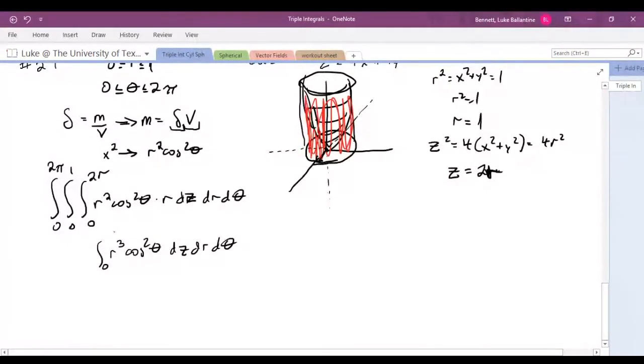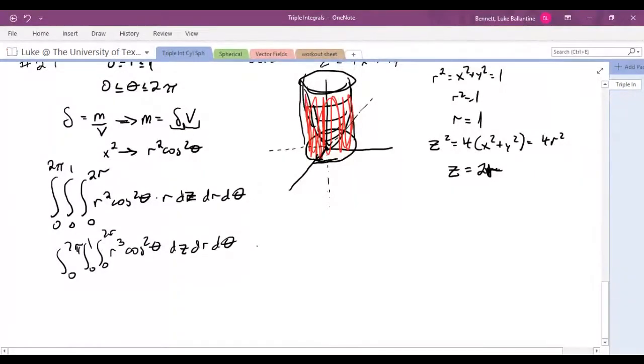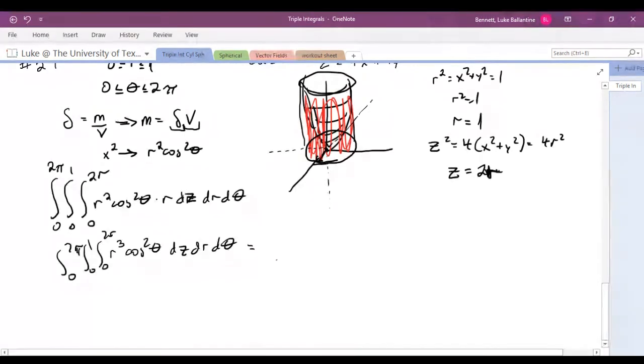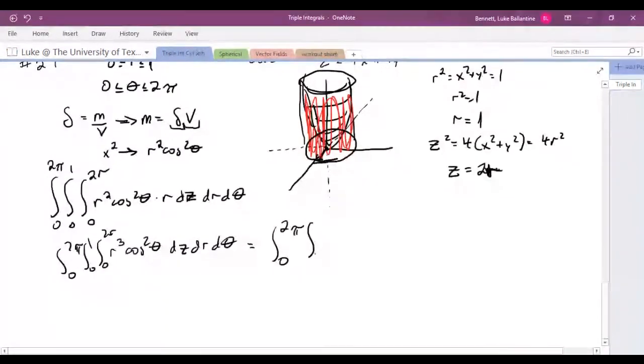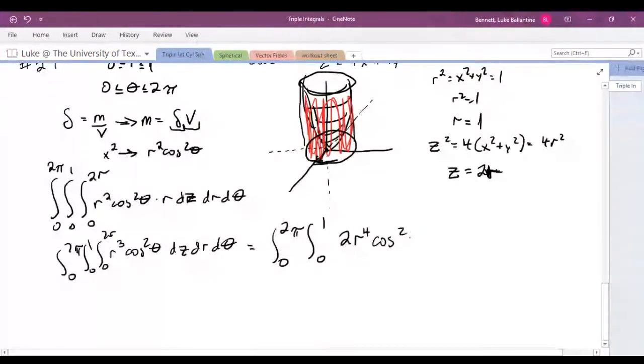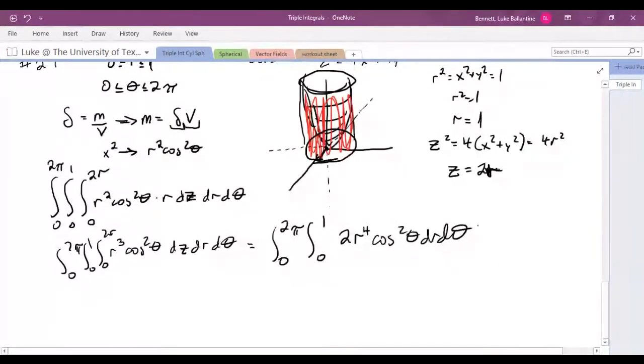Integrating dz, there are no z's, so that's just z. Plugging in 2r, we would get the integral from 0 to 2 pi, the integral from 0 to 1, of 2r to the fourth cosine squared theta dr d theta.